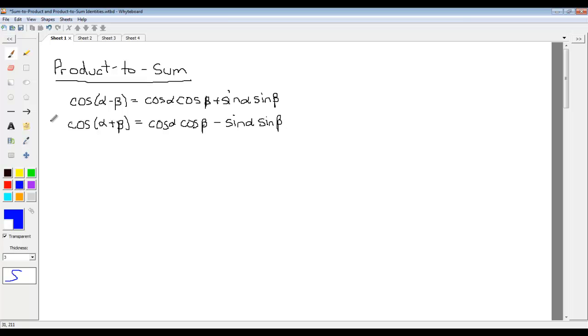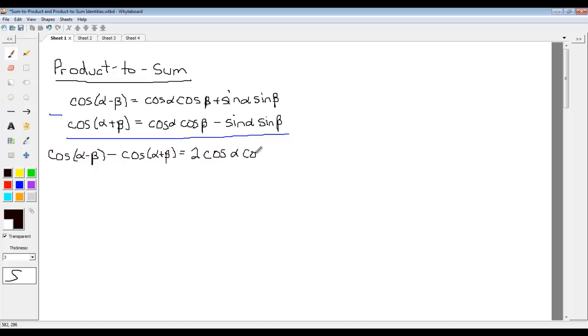Well, if you take the two of these and subtract them, you get an interesting result. You have cosine of alpha minus beta minus cosine of alpha plus beta equals, well, cosine alpha cosine beta plus cosine alpha cosine beta is 2 cosine alpha cosine beta, plus sine alpha sine beta, then, oh, I'm sorry, we're subtracting.